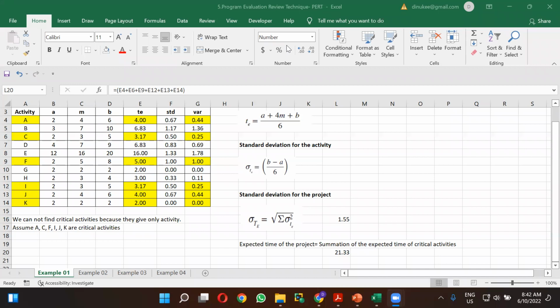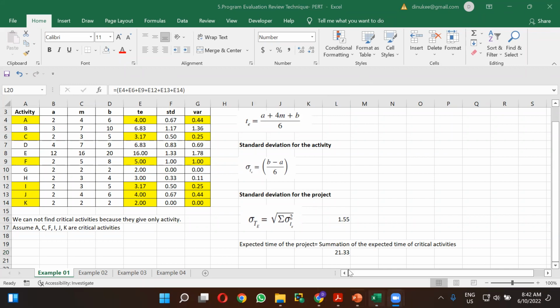Diane, I think it should be 21. I think you have included the one I highlighted previously, the expected time of the H activity. It is not a critical activity, therefore you cannot get that 21.34, right?